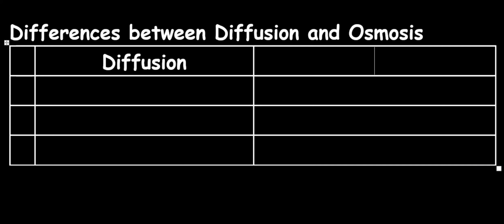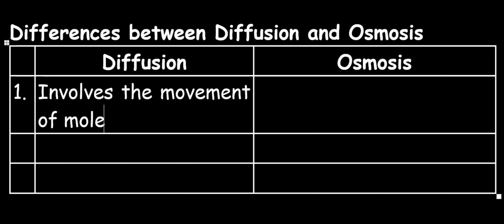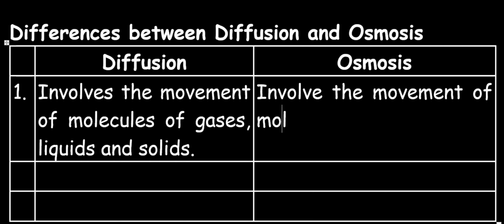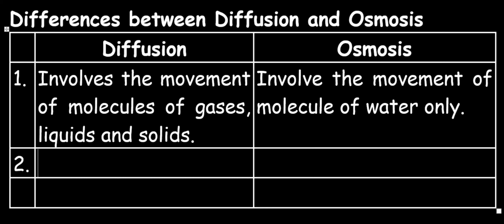So we will draw a table. On the left side we have diffusion, on the right side we have osmosis. 1. The process of diffusion involves the movement of molecules of gases, liquids, and solids. But the process of osmosis involves the movement of molecules of water only. 2.